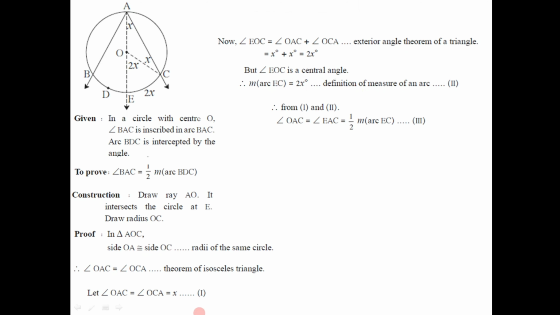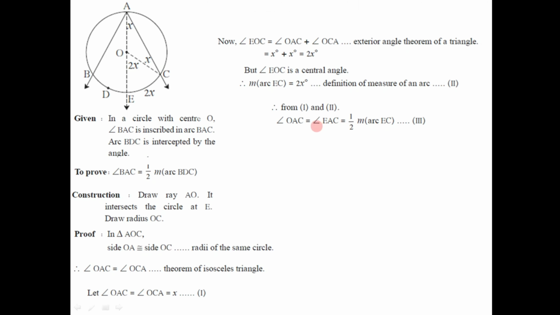Now if we compare equations 1 and 2, we have angle OAC, as we can see in the diagram. We can also call angle OAC as angle EAC. It is equal to half of the measure of arc EC, as the measure of angle EAC is x degrees and the measure of arc EC is 2x degrees.